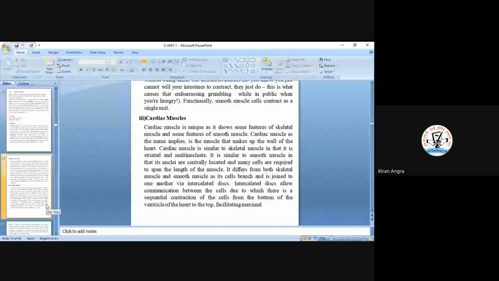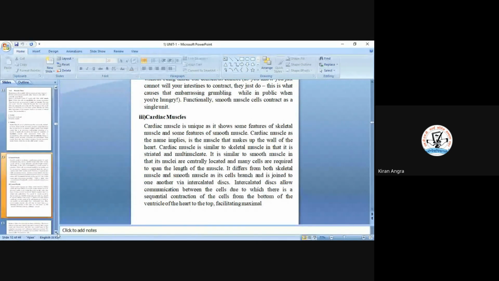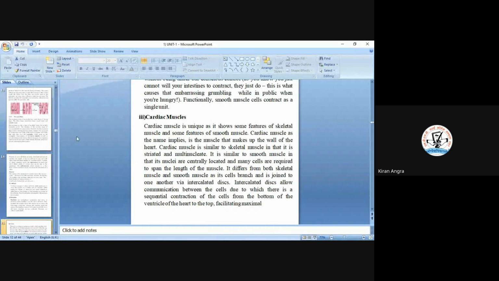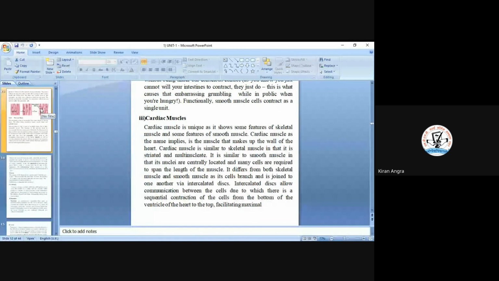They are, as the word cardiac suggests, the muscles that make up the wall of the heart. Cardiac muscles are similar to skeletal muscle, as their cells are striated and multinucleated.